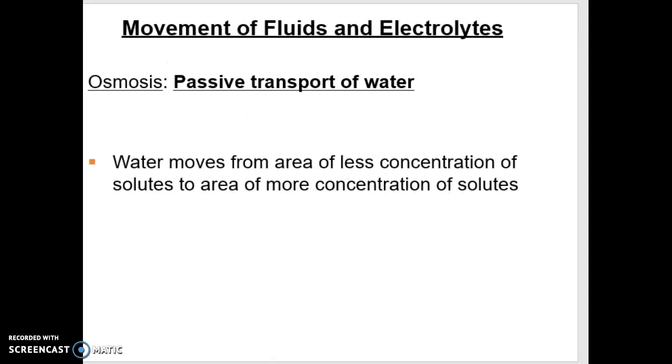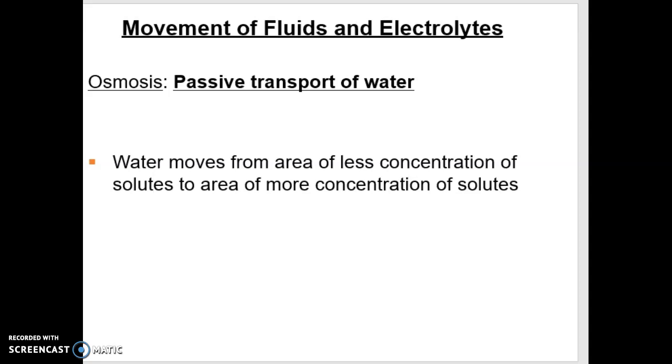So in osmosis, we have the passive transport of water. Water moves from an area of less concentration of solutes to an area of more concentration of solutes. The containers do not have to be the same height or the same amount of water that's in a closed space, but they have to have a balanced relationship.